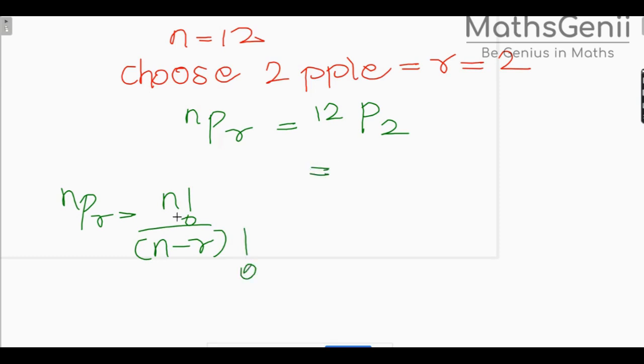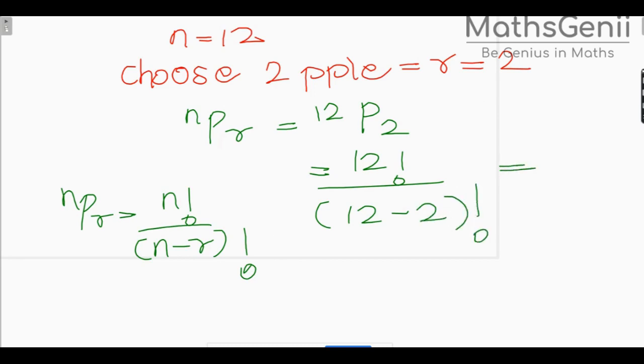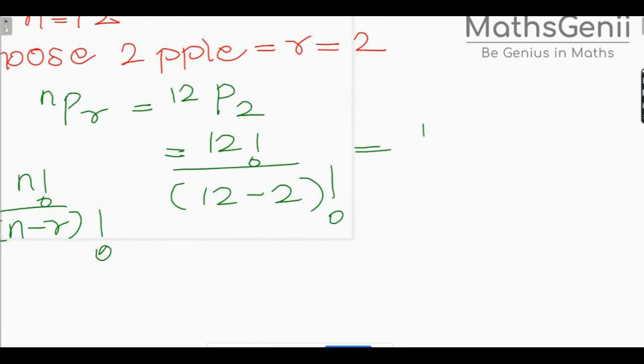In this case, your n is how much? 12. So 12 factorial upon, in the bracket, 12 minus r, which is 2, and outside the bracket you have factorial. So what do you have? 12 factorial upon 12 minus 2, which is 10, factorial.